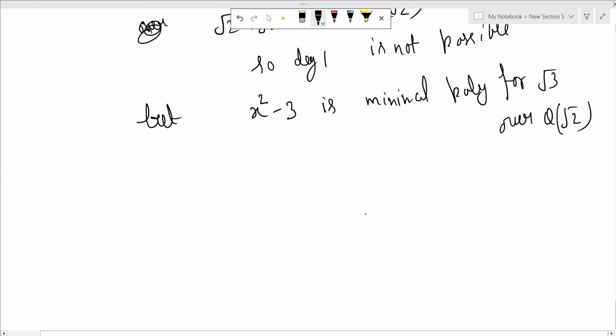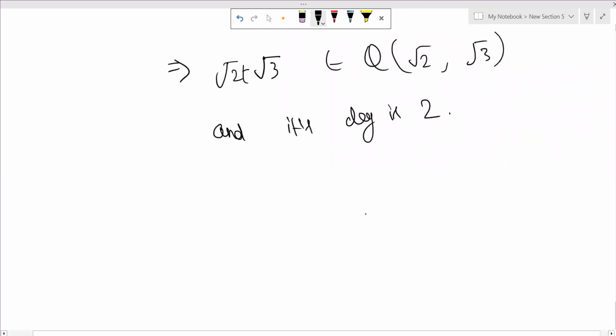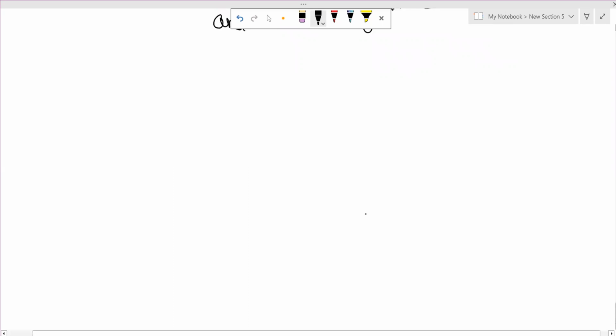This implies root 2 plus root 3 belongs to Q root 2 comma root 3, and its degree is 2. So this is the first question. Any doubt you can ask.